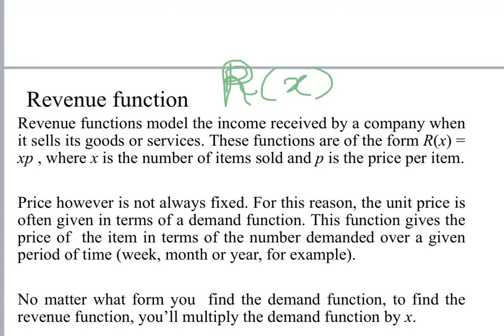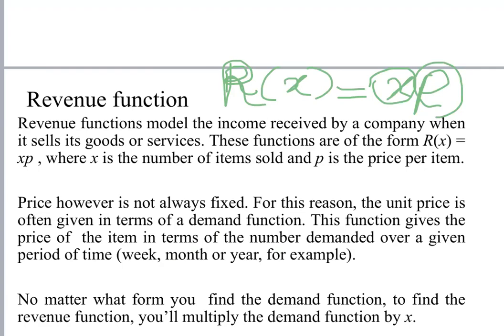Revenue, and we can also put the name of our unknown variable, x. Then our revenue function equals x multiplied by p, because here x is the number of units which we sell and p is the per unit price.